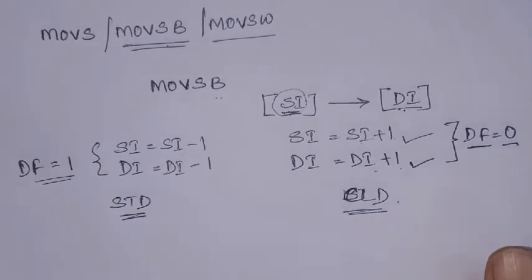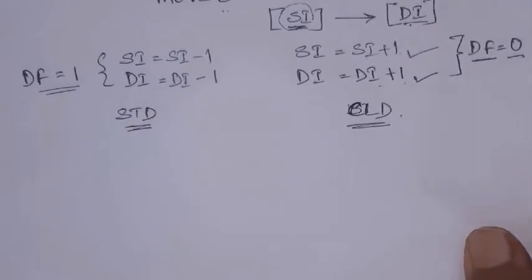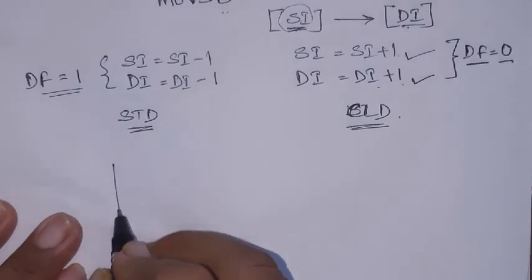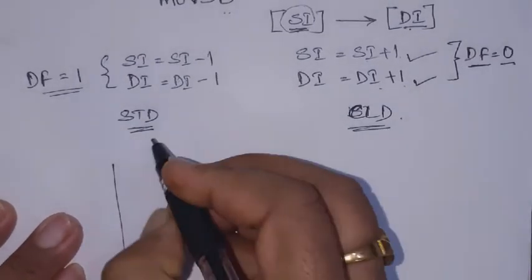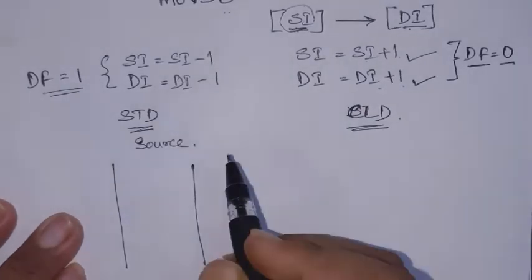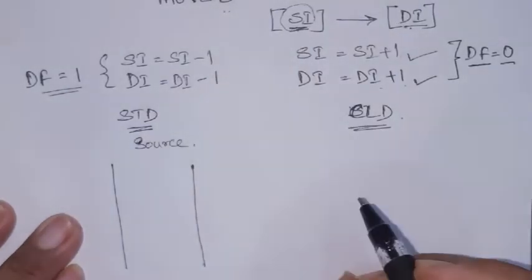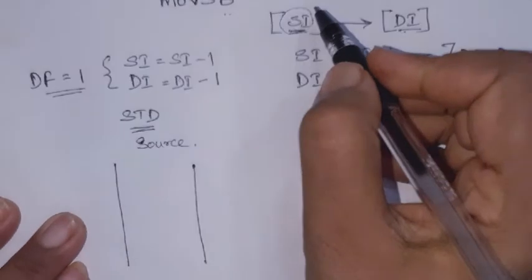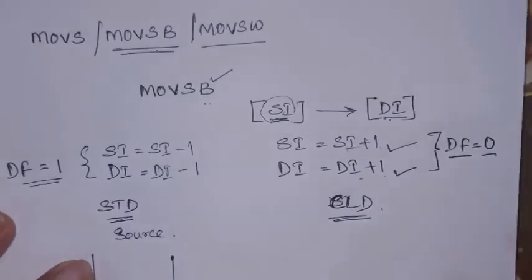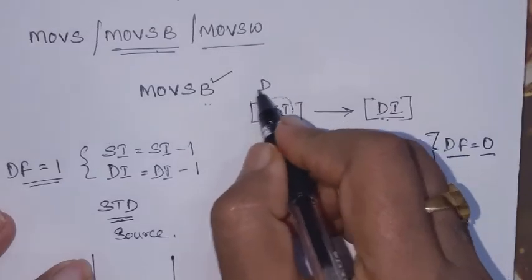Okay, so here what happens is, if you say this is the source memory, one more thing, these string instructions always work with the source index register. Here the segment used is the data segment.